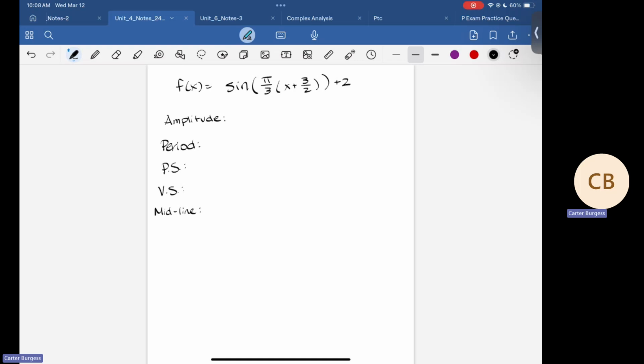This would be pi over 2 divided by... So this is the value. Pi over 2, pi, 3 over 2. But it's 5 pi.